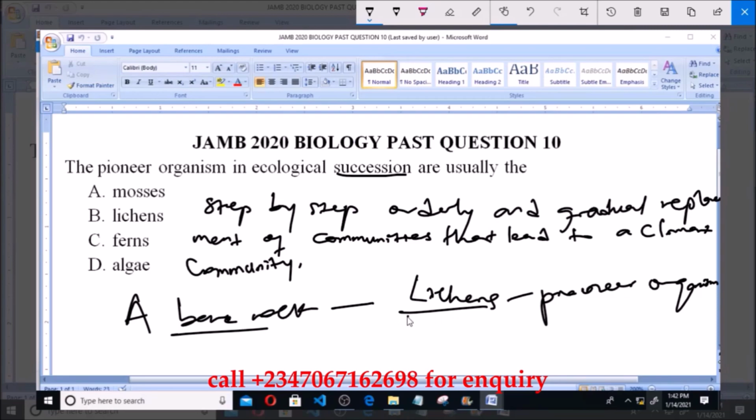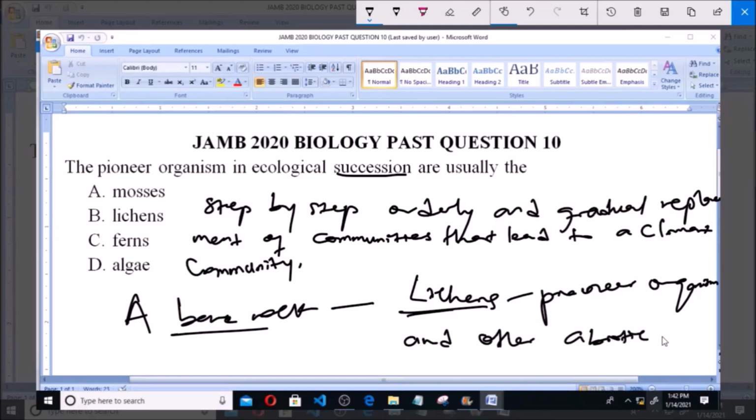So it is the presence of leaching and other abiotic factors that brings about the weathering of the rock, that then brings about soil formation. So you can see that the pioneer organisms of succession are actually lichens, because they bring about the formation of a new community that includes soil formation. So the activity of leaching on this bare rock and other abiotic factors bring about soil formation. So the answer to this question is option B, lichens.